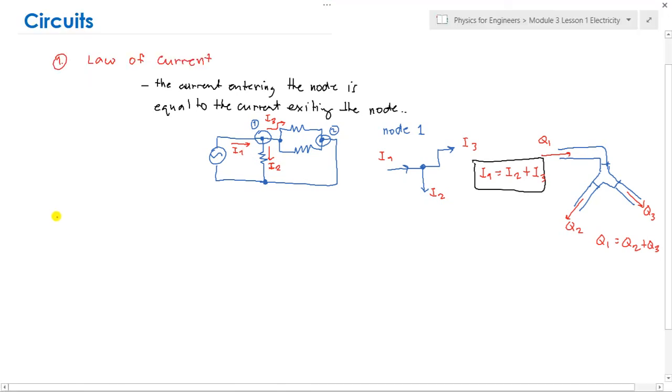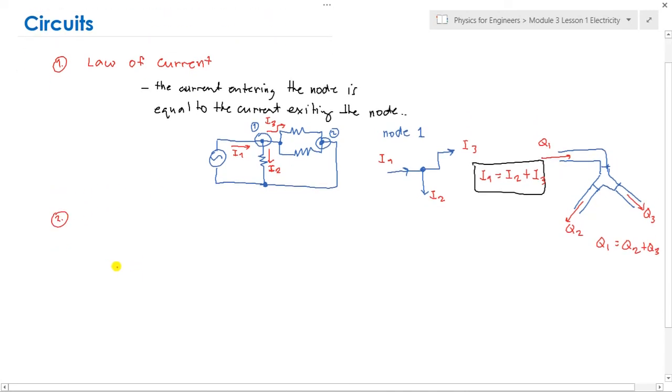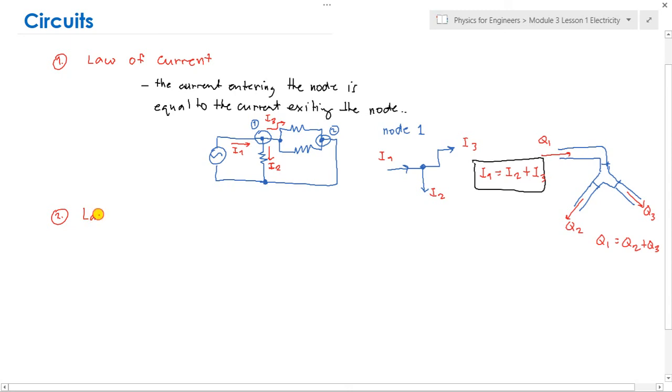So let's proceed to Kirchhoff's law of voltage. The second is the law of voltage.